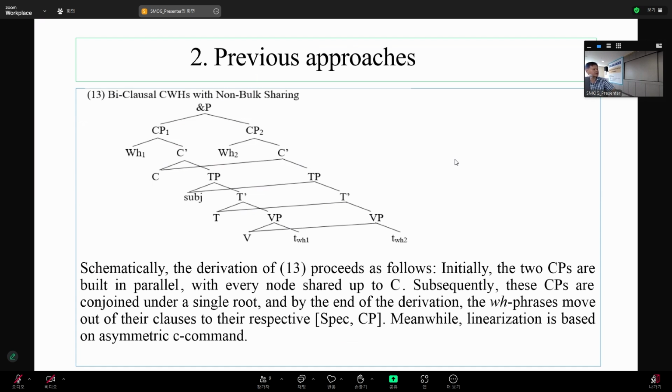Subsequently, these CPs are conjoined under a single root. By the end of the derivation, the Wh-phrases move out of their closest position to their respective CPs. On the other hand, linearization is based on the asymmetrical c-command. About this one, there is much discussion, so I will skip it.